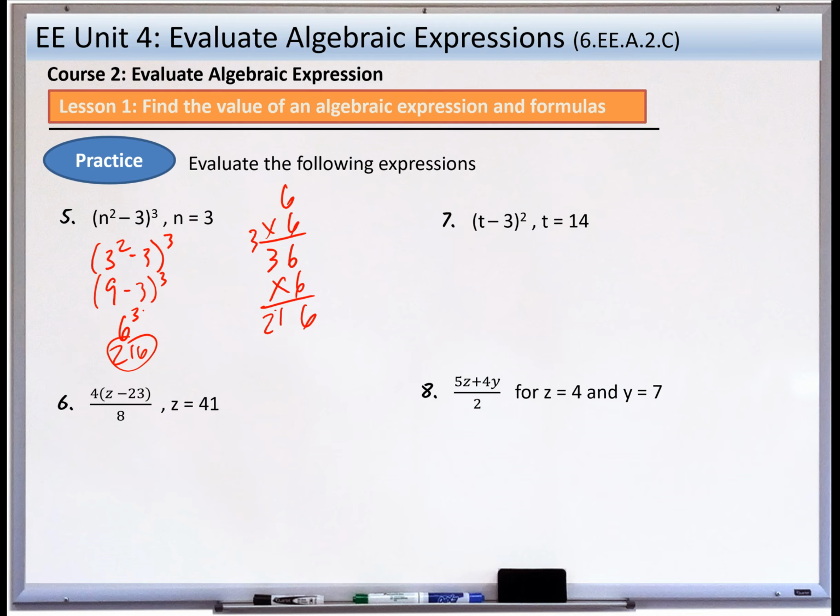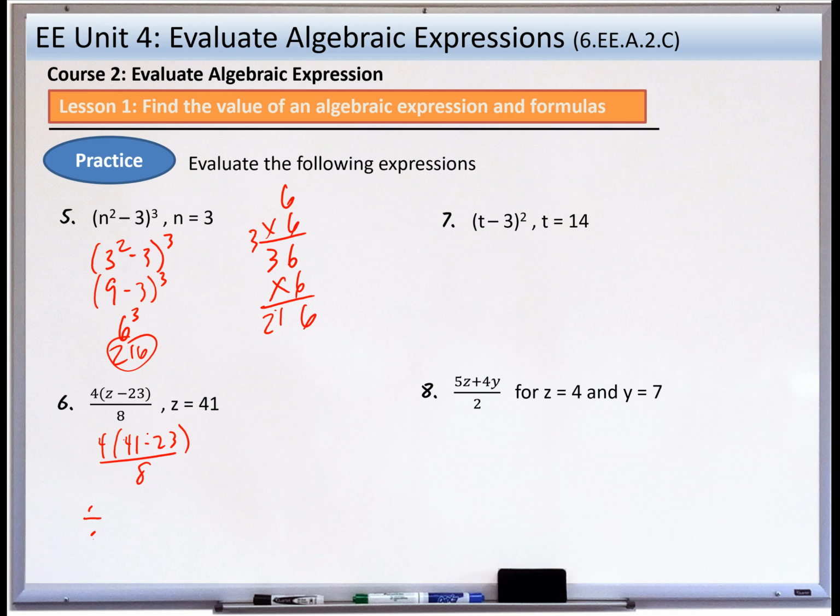Okay. I believe I told you a while ago this is division. We're not going to represent division with the normal division sign anymore. So this is 4 times z minus 23, and I take that whole thing divided by 8, and we have z equals 41. So we're going to rewrite this by substituting first. 41 minus 23 divided by 8.